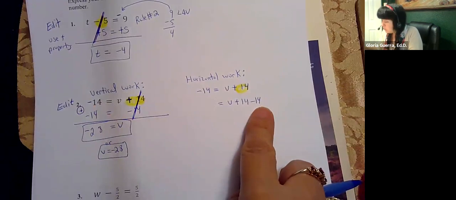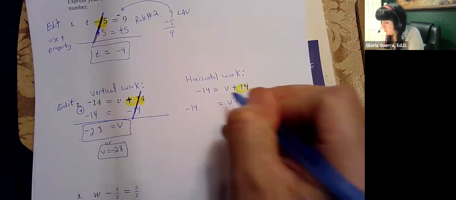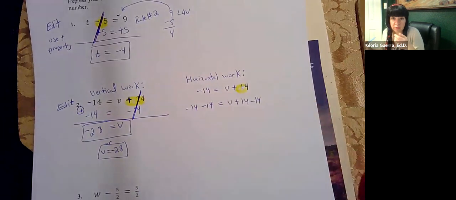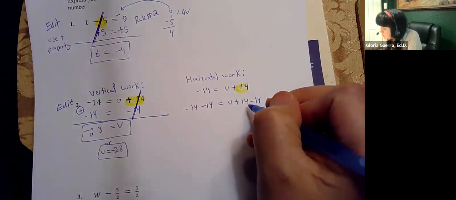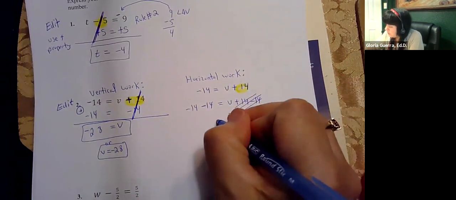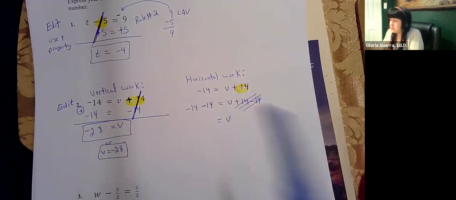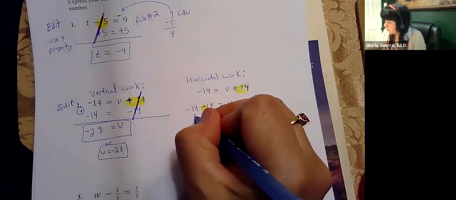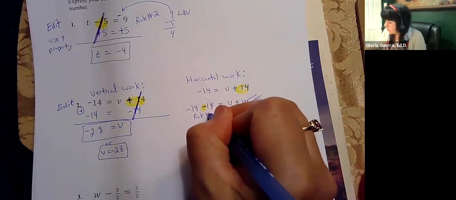What I do to one side, I have to do the other side. So over here, I have the -14, and then I have to do another -14 somewhere, either in front or in the back of that. And then these fall out. These over here fall out. So I just have equals V. And now this is subtraction of sign numbers. -14 minus 14. Those are sign number rules. That's a rule number 3.